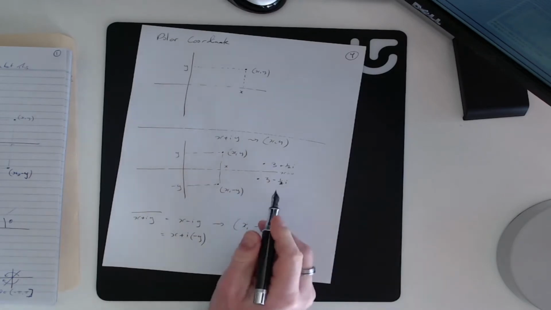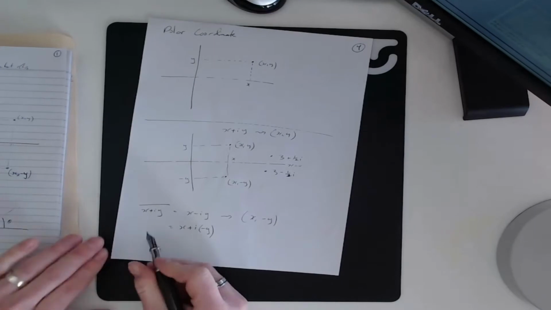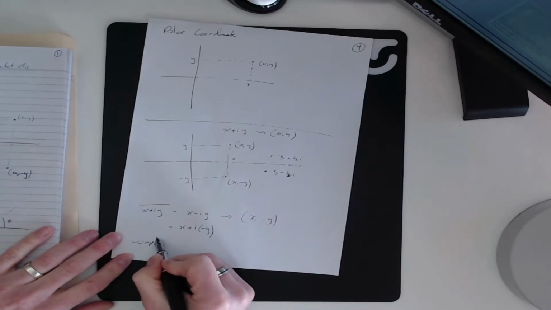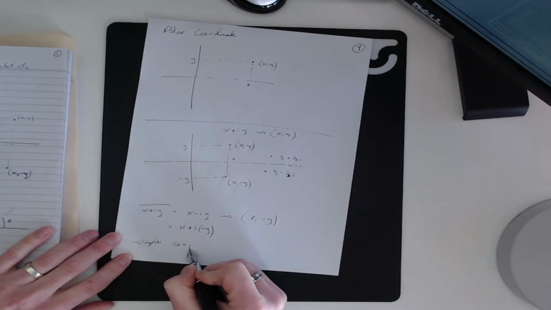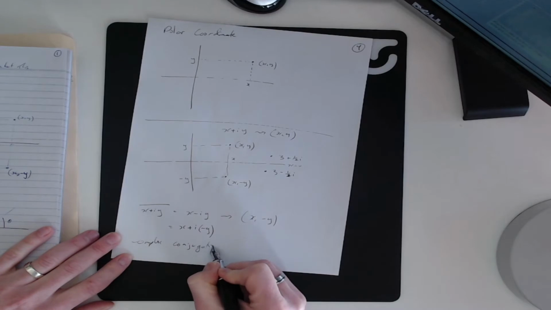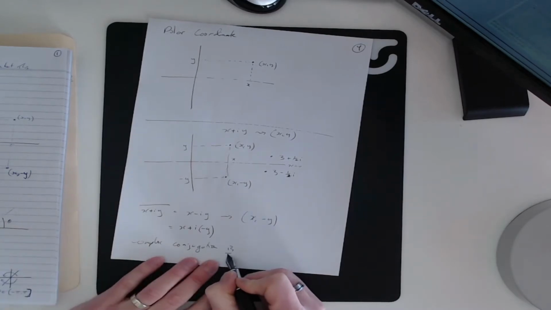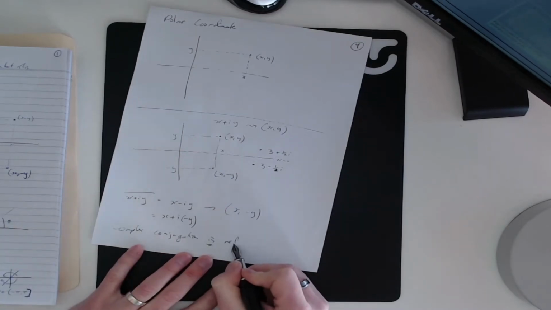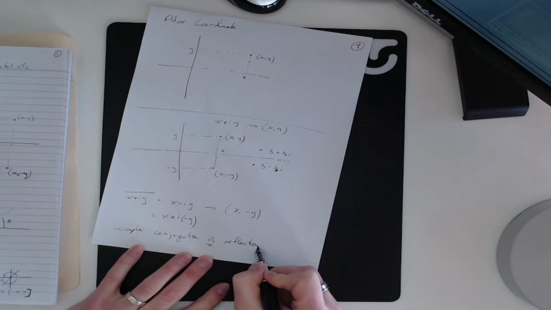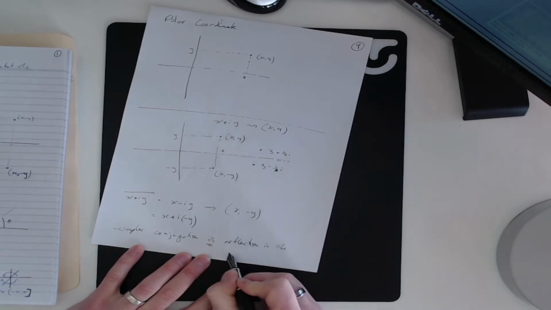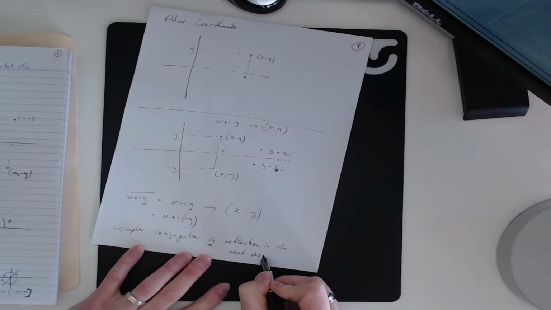You'll see this again and again, so don't worry about this. But the point is that complex conjugation is reflection in the real axis.